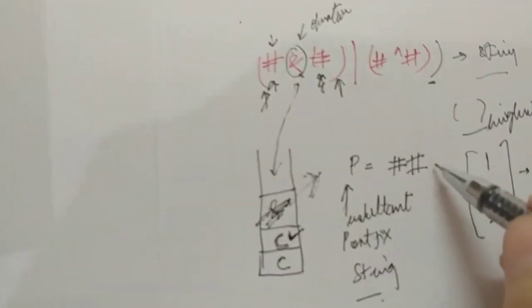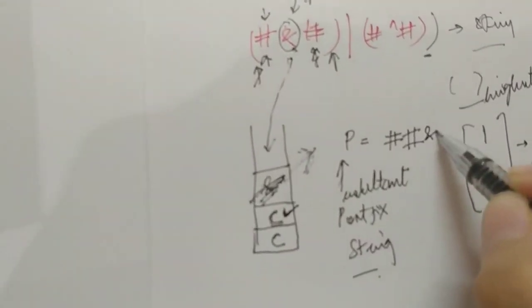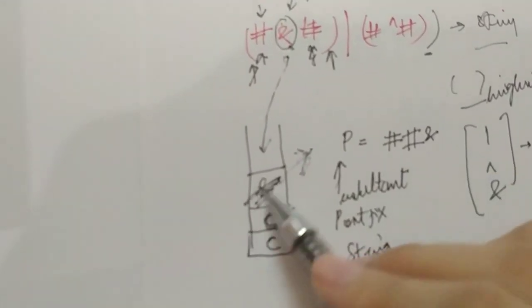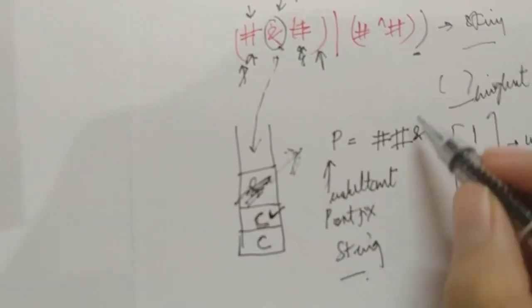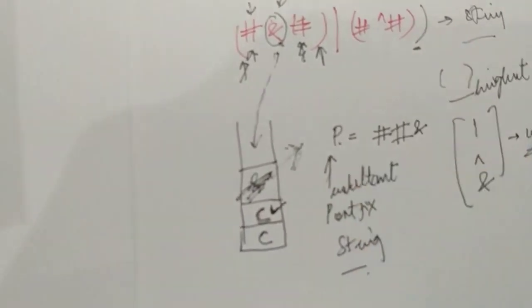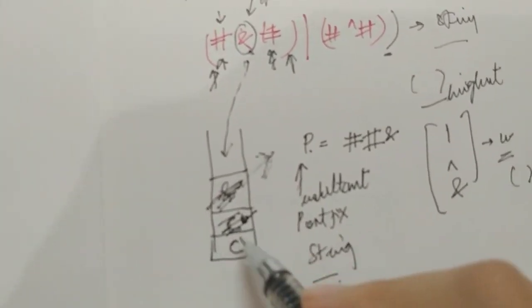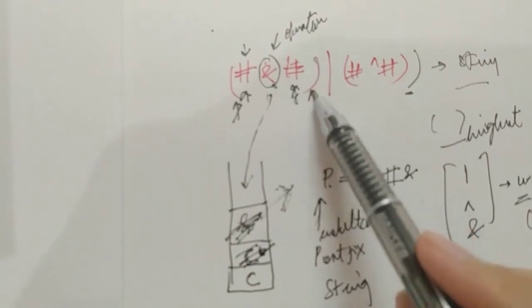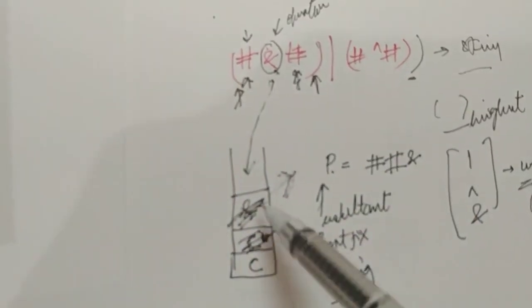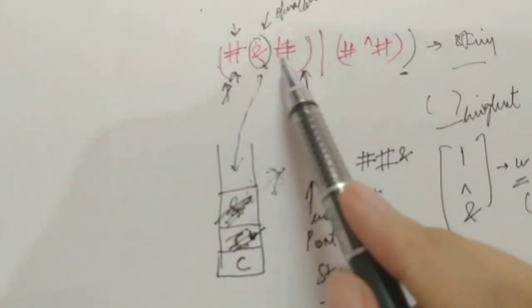So we pop and out of the stack and add it to P, and simultaneously remove this also. This indicates that the first closing and opening parentheses have matched and we have evaluated up to this.